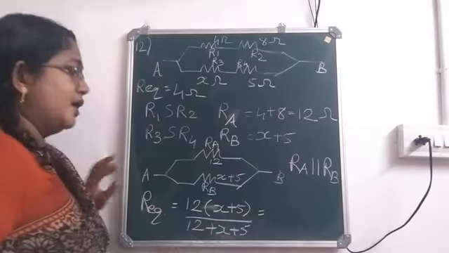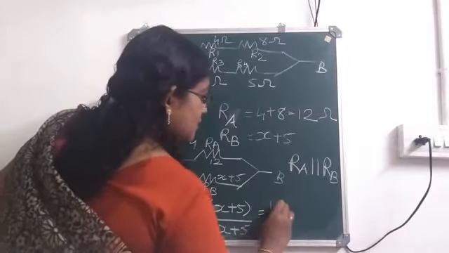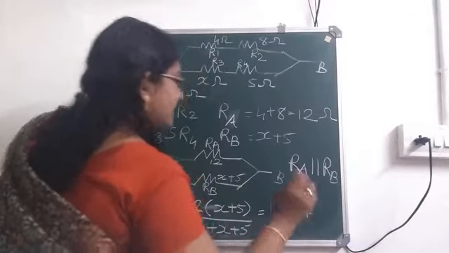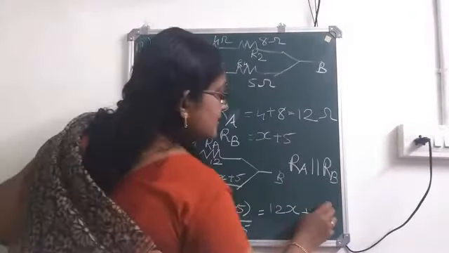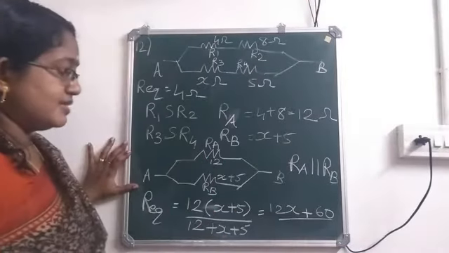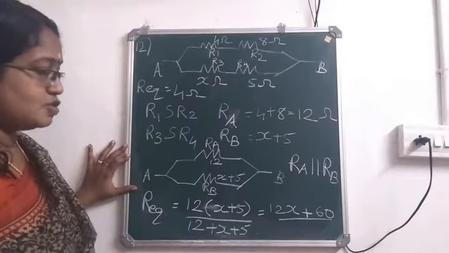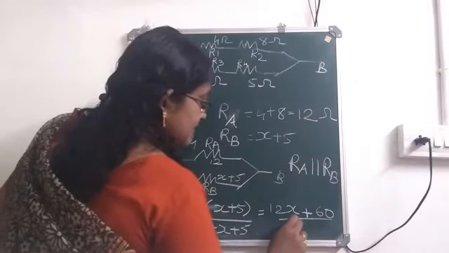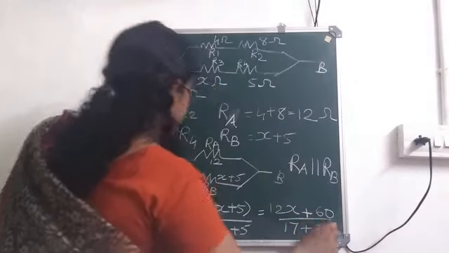Okay. Now 12 into X is 12X plus 12 into 5 is 60, divided by 12 plus 5 plus X. How much is 12 plus 5? It is 17. 17 plus X.